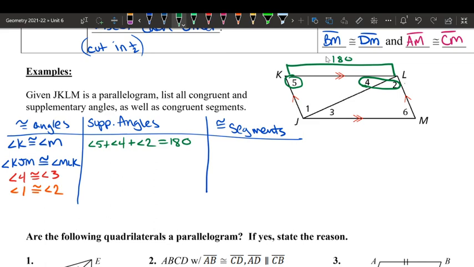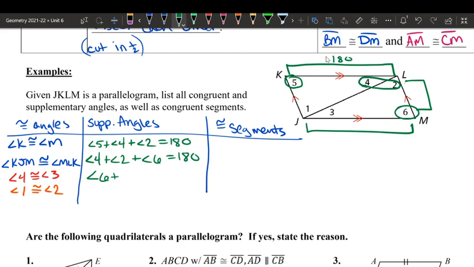And then I could do the same thing with L to M. That bracket shape is going to give me supplementary angles. So angle 4 plus angle 2 plus angle 6 equals 180. And then, of course, I could do that on the bottom with angle 6.